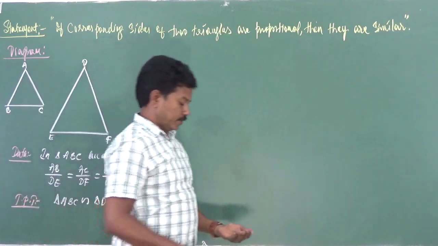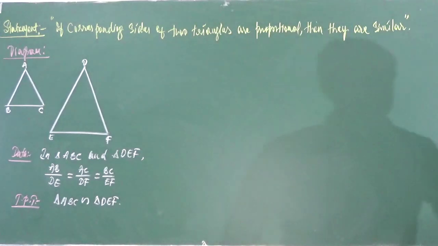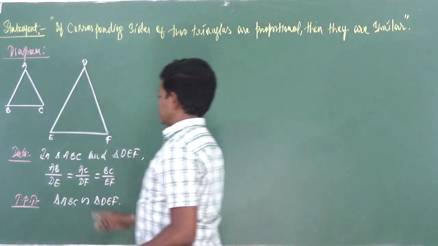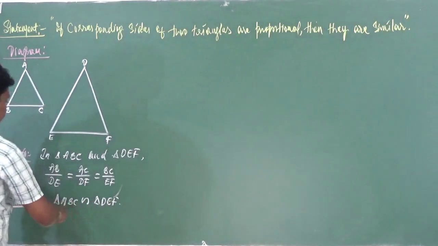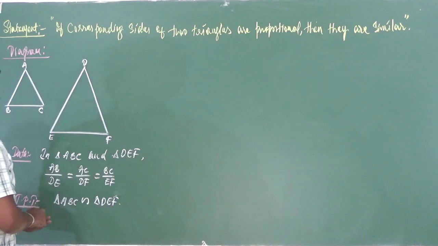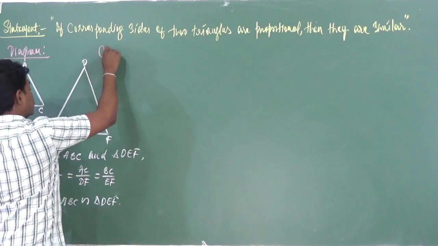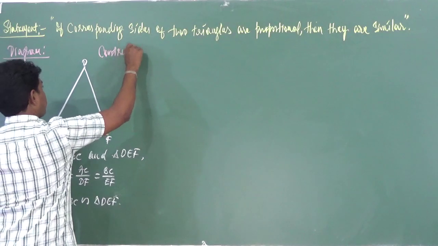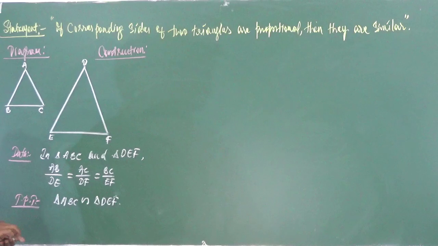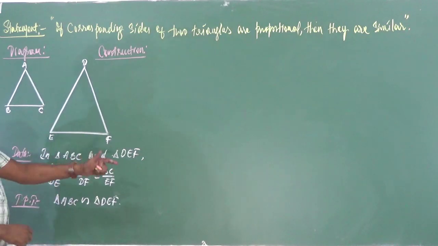Right. So now let us get into the construction part, because the data is not sufficient. This data is not sufficient to prove this. So therefore, we will go with an extra construction part. Okay, construction. So as like the same construction what we did in the previous two theorems, same construction is going to come.